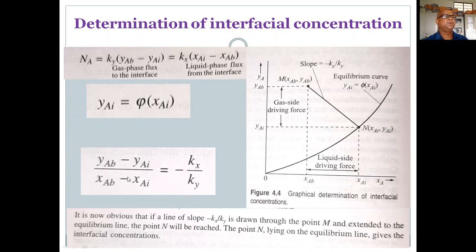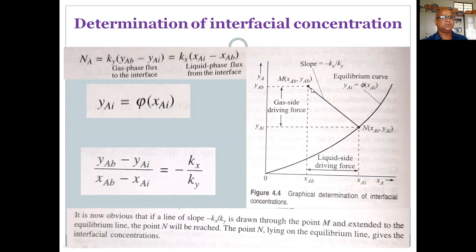So YAB minus YAI over XAB minus XAI is minus Kx by Ky. This is the slope, where Kx is the mass transfer coefficient for the liquid phase, and Ky is the mass transfer coefficient for the gas phase. Now this point is known and I know this slope, minus Kx by Ky.